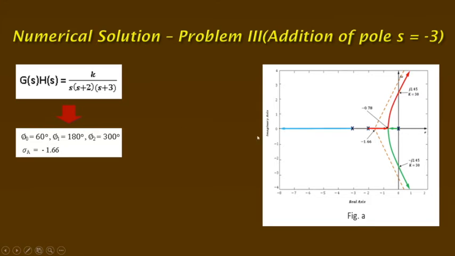The number of root locus branches is 3 and there is no Z. Then P minus Z equal to 3. So the number of asymptotes is 3 and the angles of asymptote also 3.